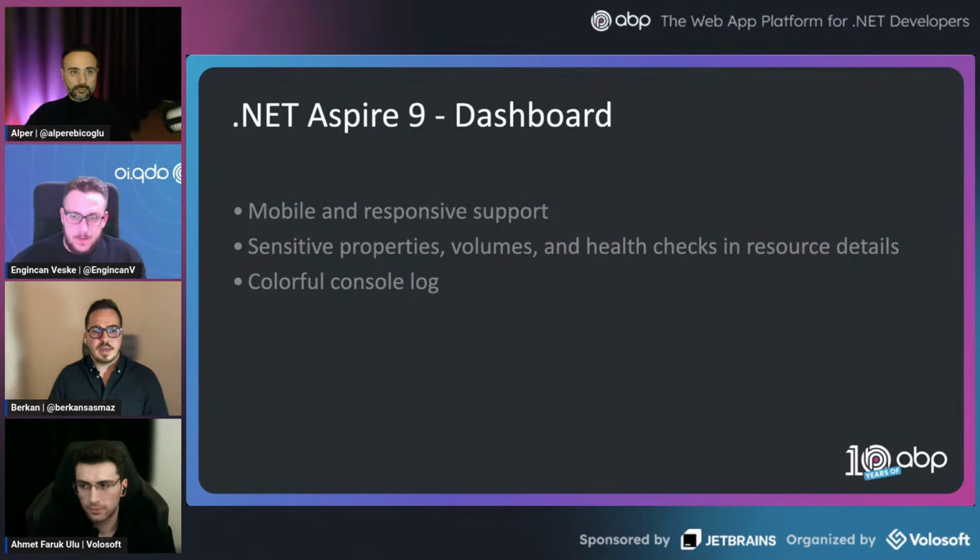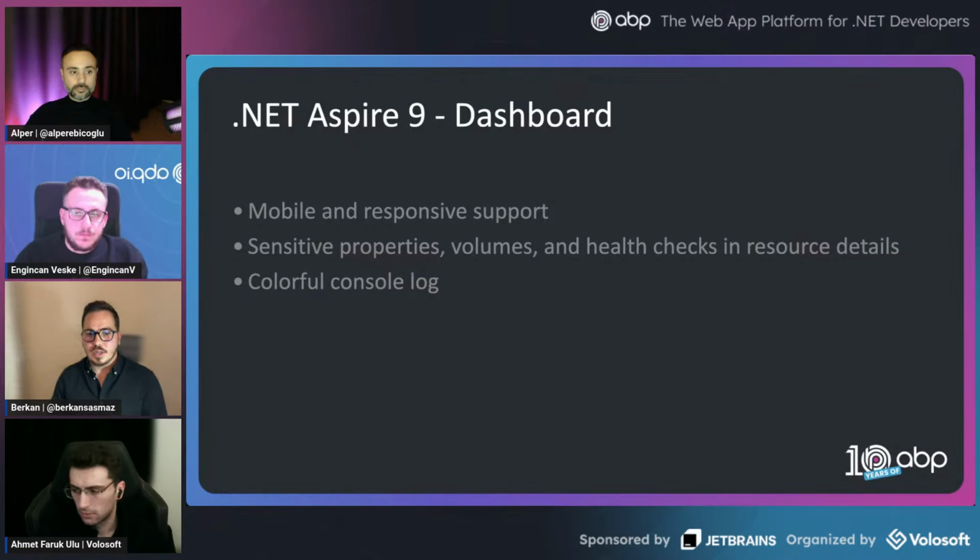Now, let's take a closer look at the other user experience and feature enhancements in the .NET Aspire dashboard. First, the dashboard is now mobile friendly, enabling responsive management of applications on any screen size. Second, resource details have been improved.